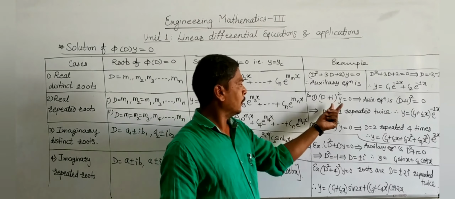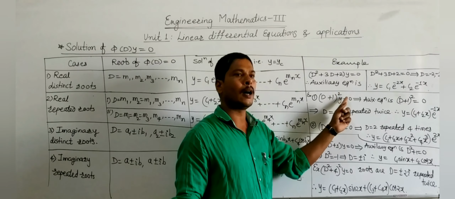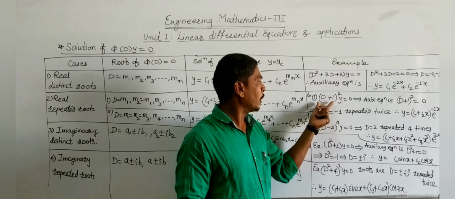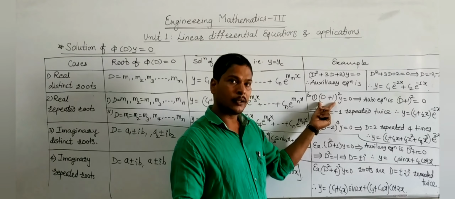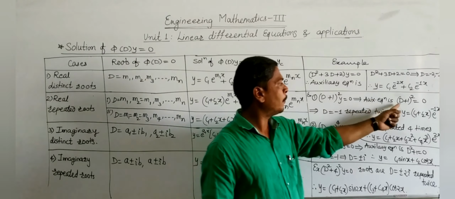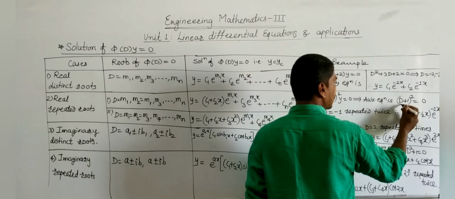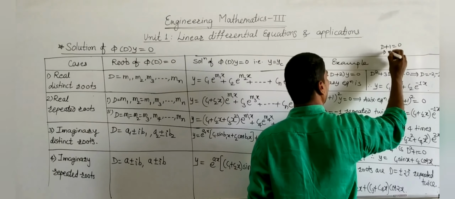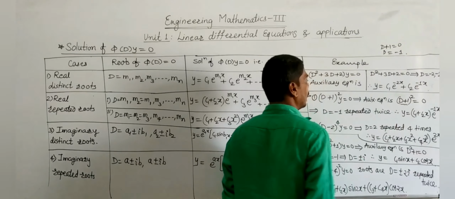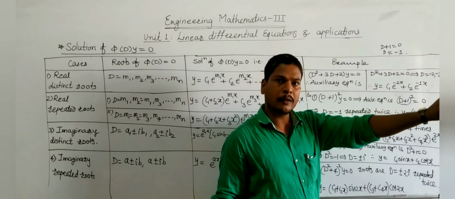For example, if our differential equation is of the form (D plus 1) squared into y is equal to 0, we equate this polynomial of D with 0 and get the auxiliary equation (D plus 1) squared equal to 0. Here, simplifying D plus 1 equal to 0, we get D equal to -1, and due to the square, this root -1 is repeated twice.